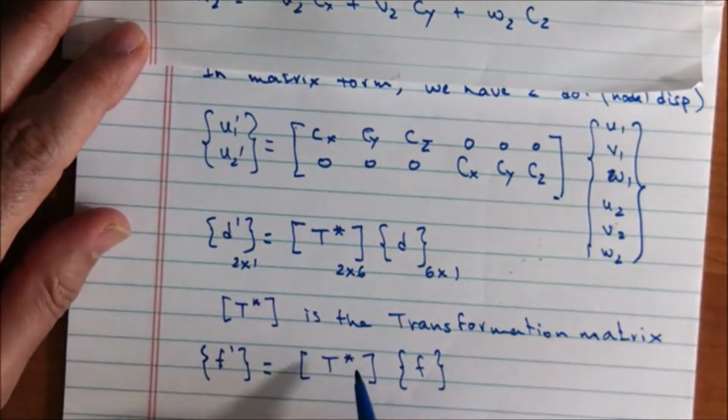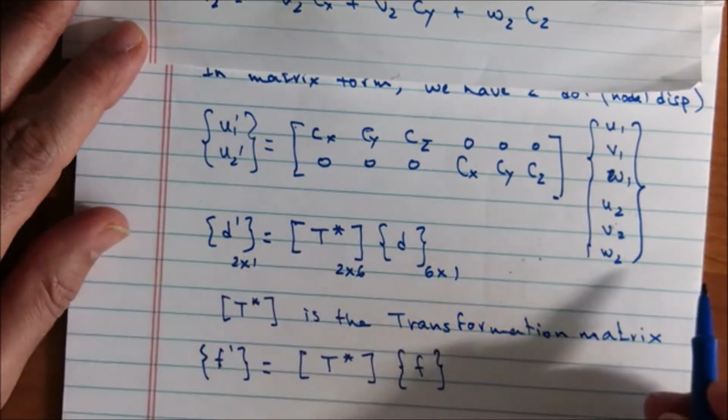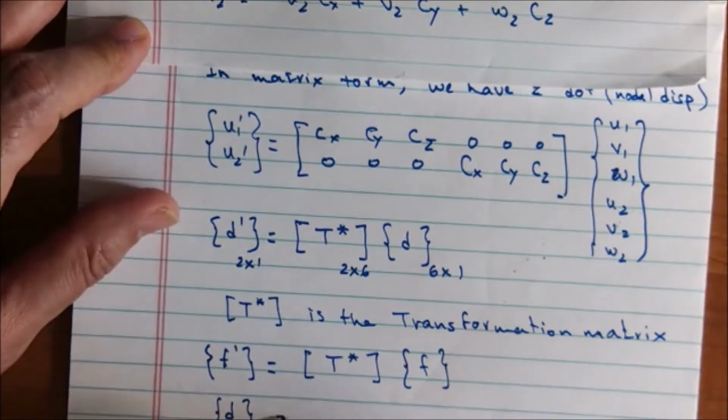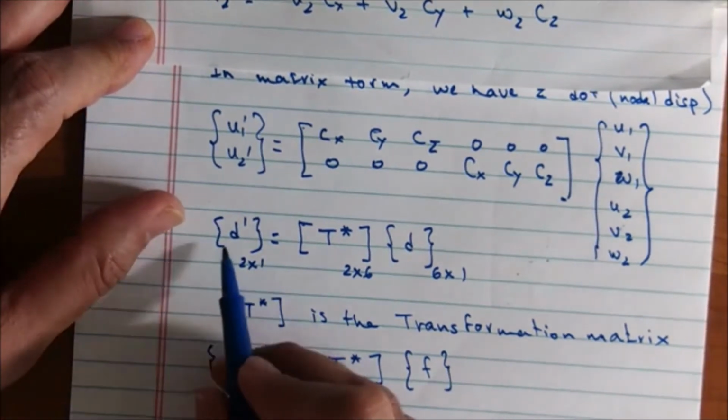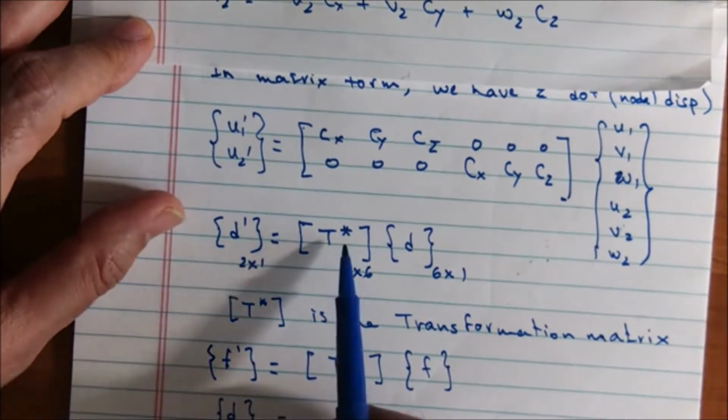Now, if T star is an orthogonal matrix, I can solve for D by multiplying by the inverse of T star.